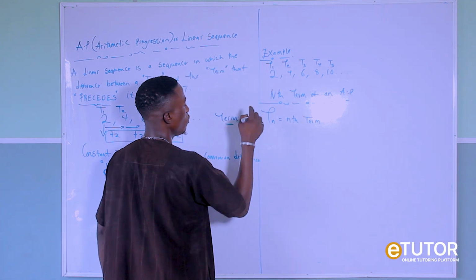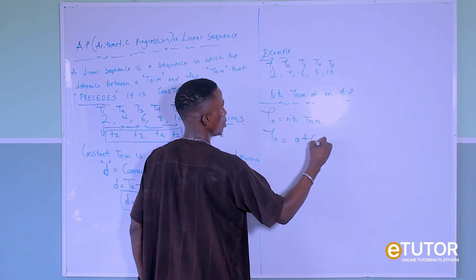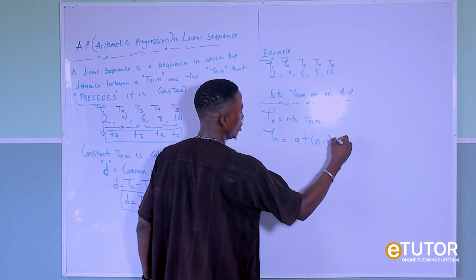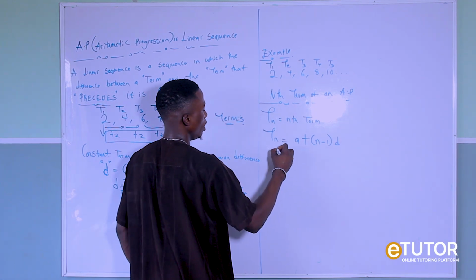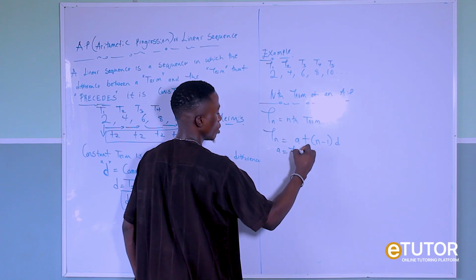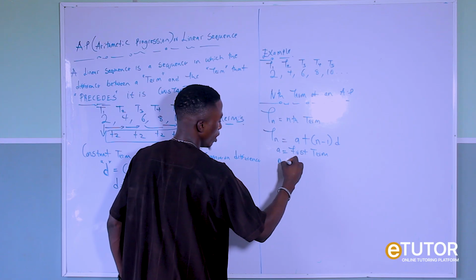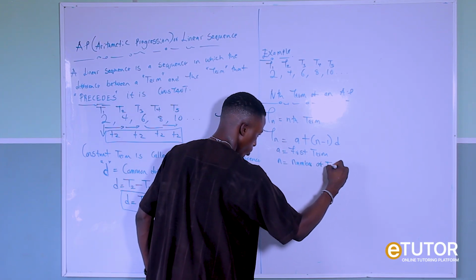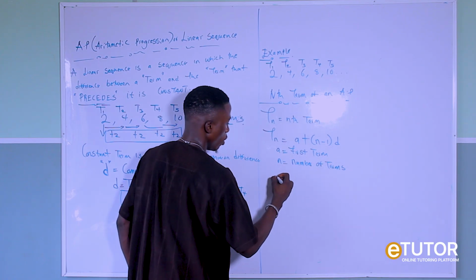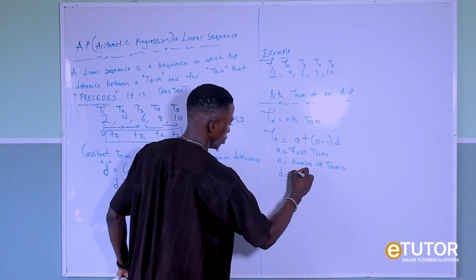So now, the formula for the nth term is Tn equals A plus n minus 1 times D, where A is equal to the first term, n equals the number of terms, while D is equal to the common difference.